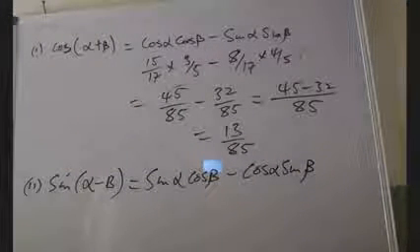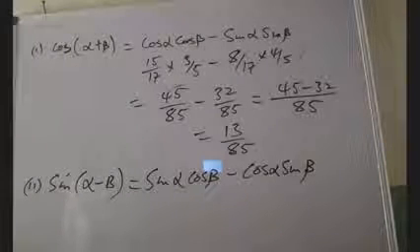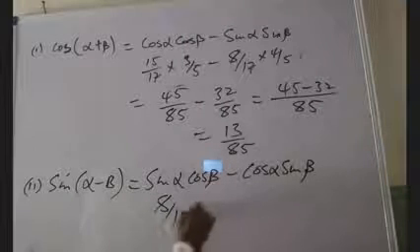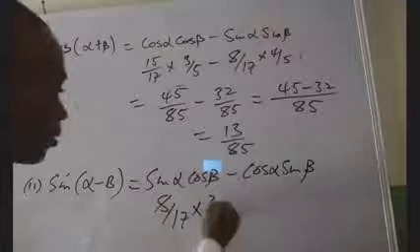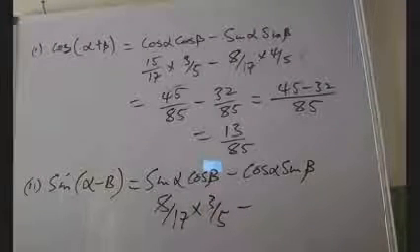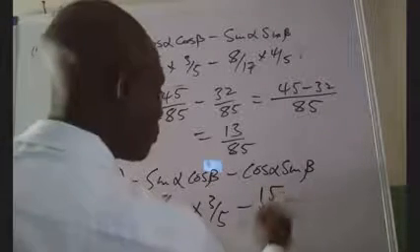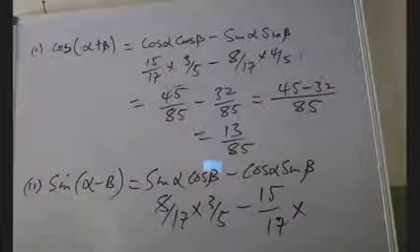Put in the values. You have 8 over 17, which is sine alpha, times 3 over 5, minus cos alpha, 15 over 17, times sin beta.